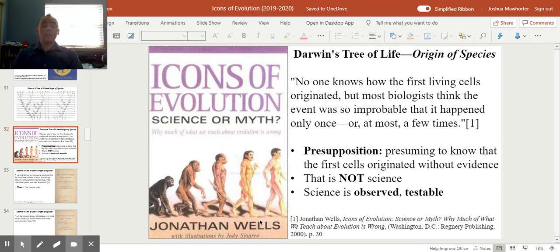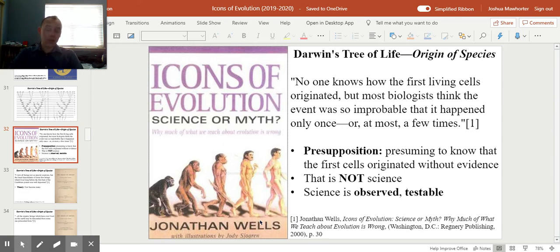And so Wells admits, with a little bit of humility here, that no one really knows how the first living cells originated, at least in the sense of what is claimed by modern theories of life. I think there are some inconsistencies even with his statement there. But the presupposition is presuming to know that the first cells originated without evidence.